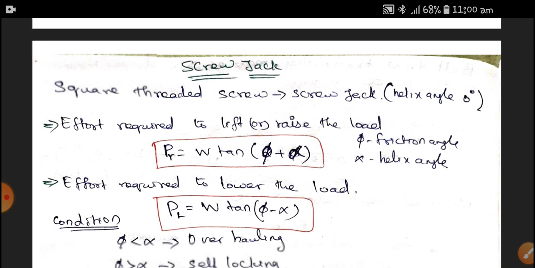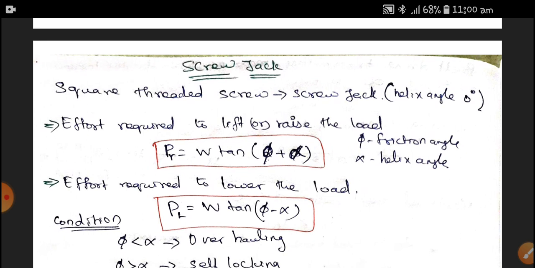In the screw jack, square threads are used in most conditions. The advantage of the square thread is that the helix angle is 0. When the helix angle is 0, the effort required to lift or lower the load becomes minimum.